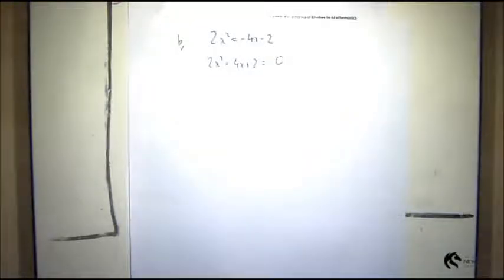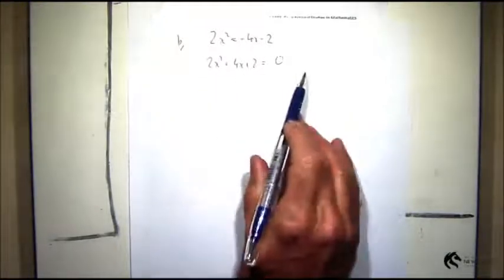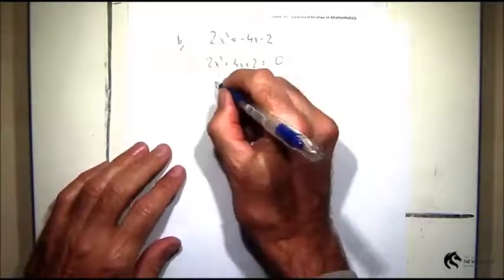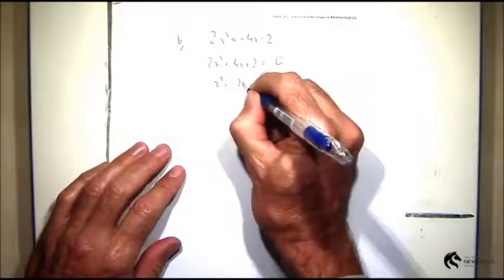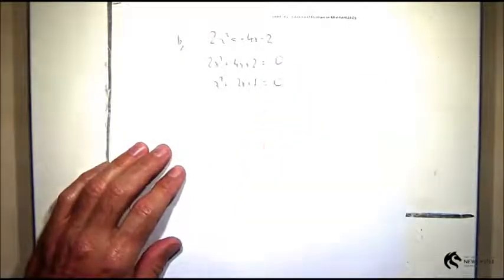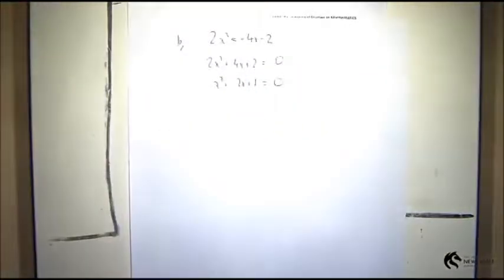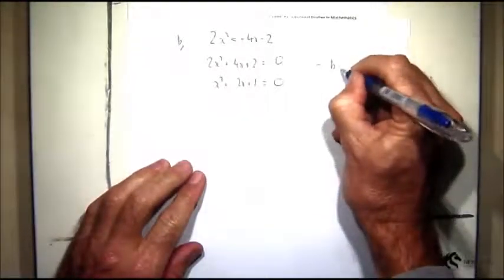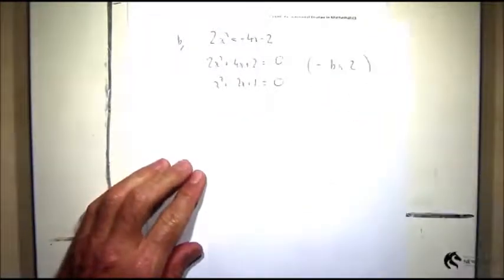But I think it makes sense to divide by 2 first, I'd reckon. So I would write that as x squared plus 2x plus 1 is equal to 0. Because 0 divided by 2 is 0. So I've divided both sides by 2.